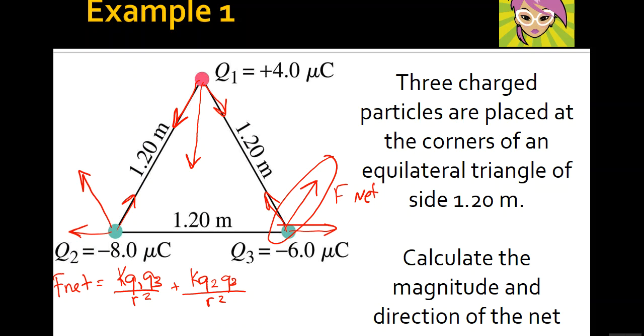Yeah, you can use cosine. All the angles are the same.